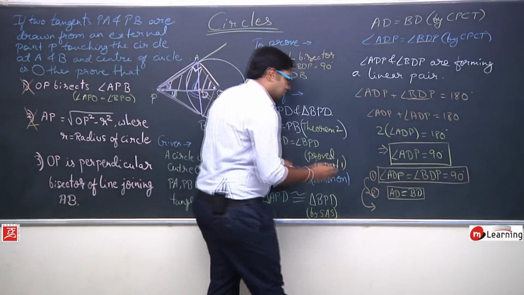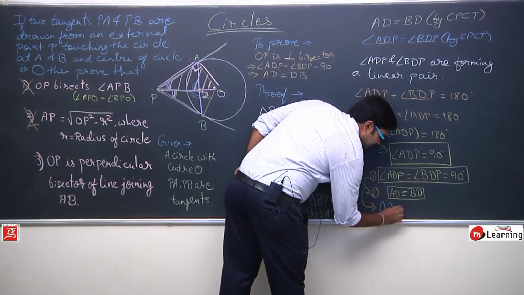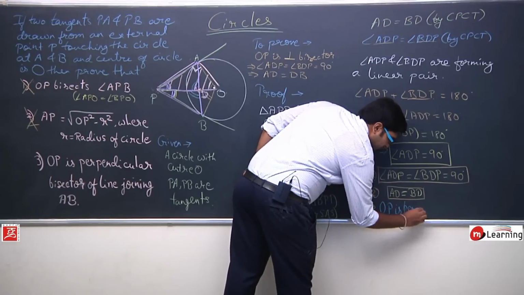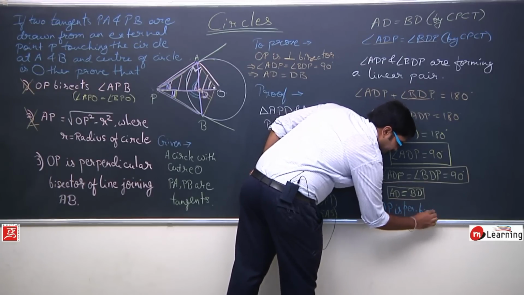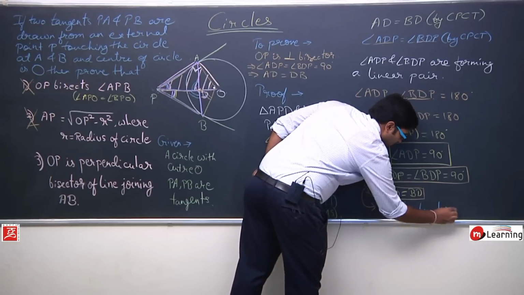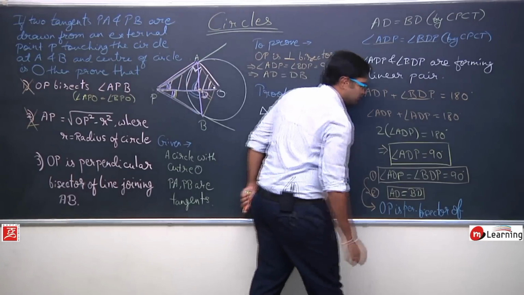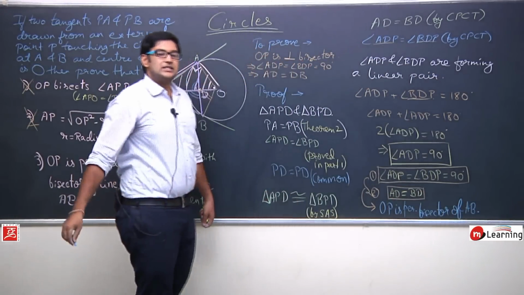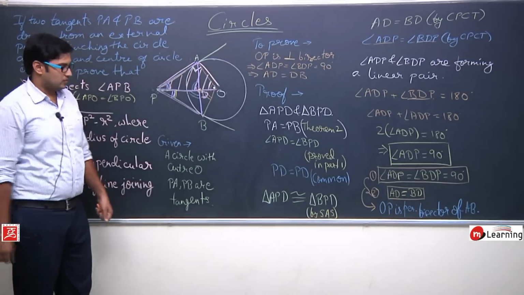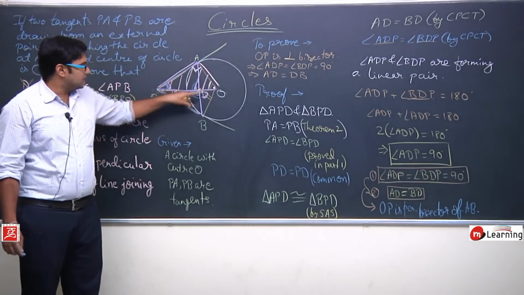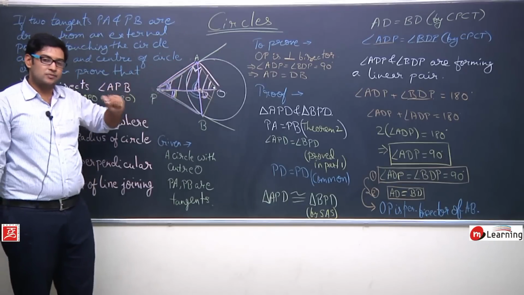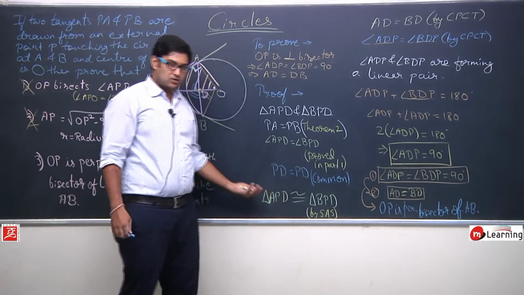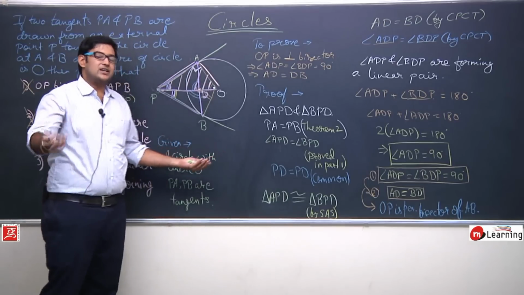So it means OP is perpendicular bisector of AB. This is what you have to prove. Okay, this OP is perpendicular bisector of AB. How we have proved? We have just used the congruency criteria that you have studied in triangles.